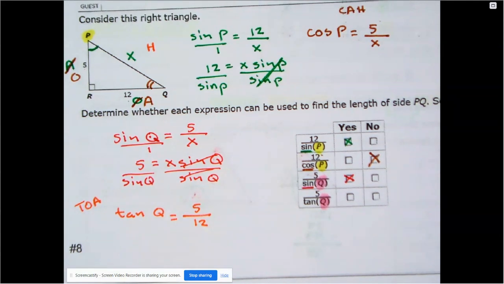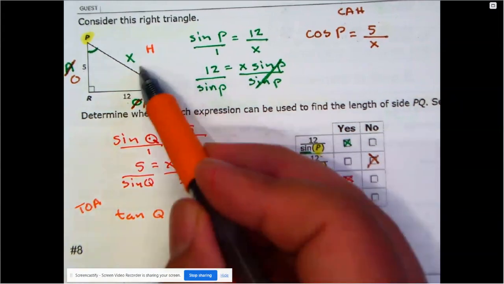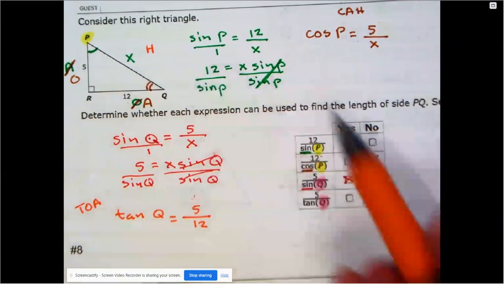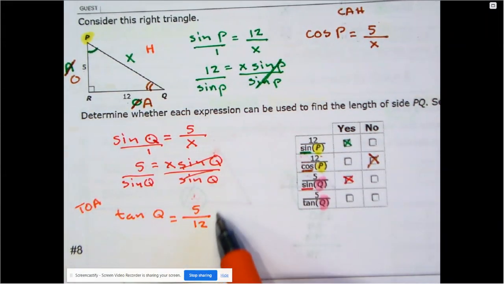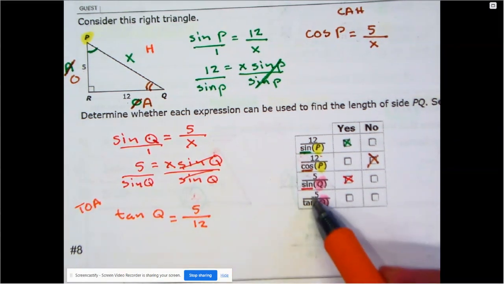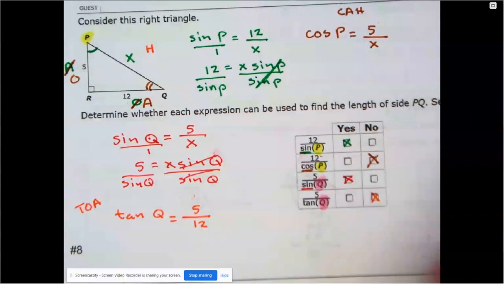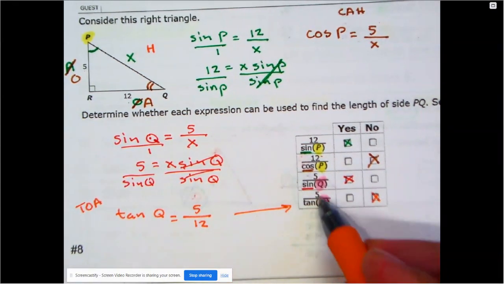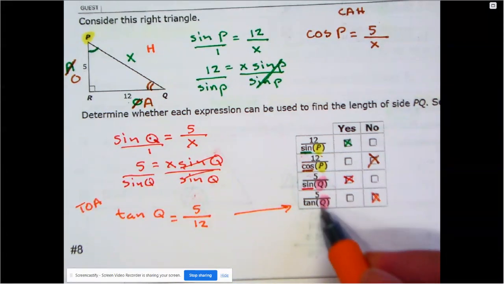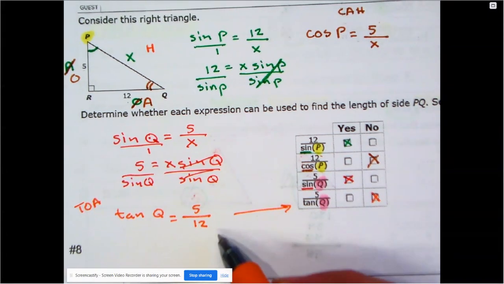The question was, what can we use to solve for that x that we wrote in our picture? This thing doesn't even have an x. There's nothing for you to solve here. You have to use the 5 and the 12, and notice that the 5 and the 12 aren't even in my answer. So that's an automatic no. Again, it doesn't match at all with what it says here.